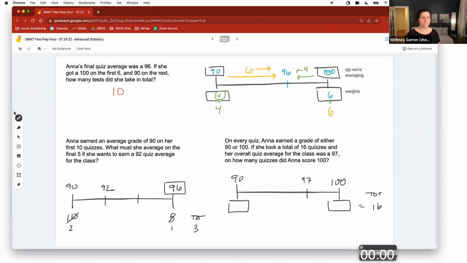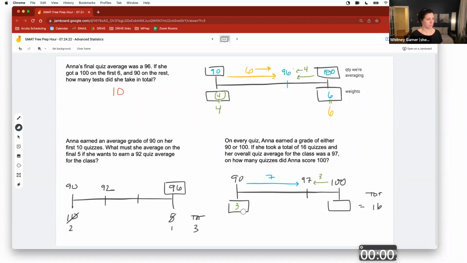So the beauty of this method is I go, okay, the 90 was strong enough to pull the average its direction 3. The 100 was powerful enough to pull the average its direction 7.